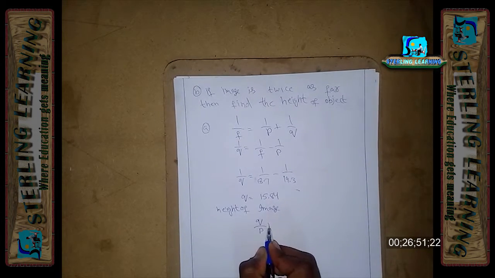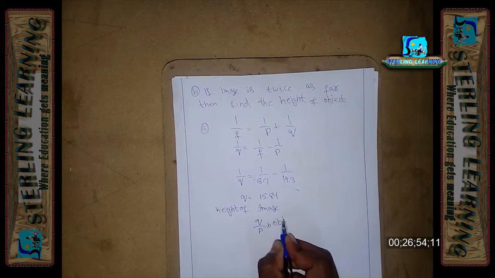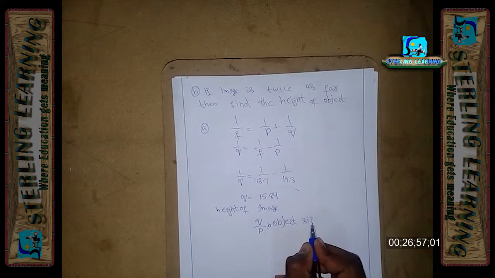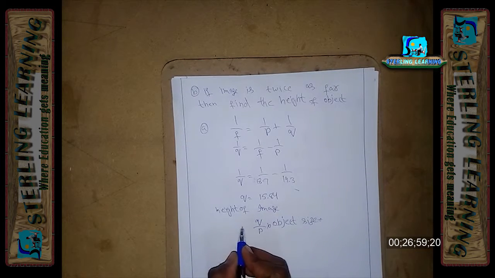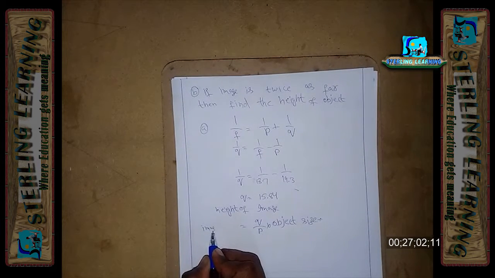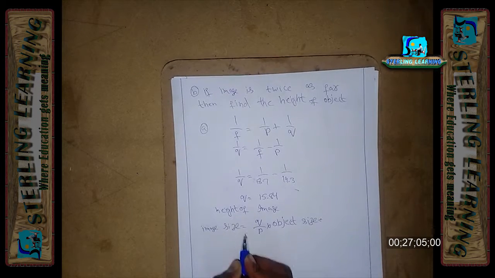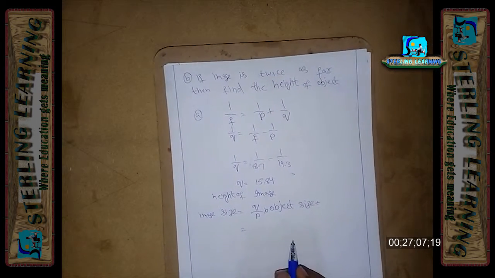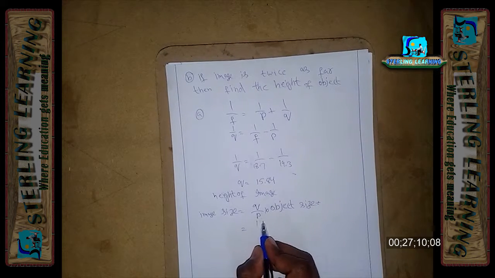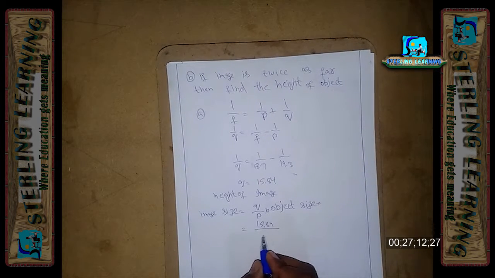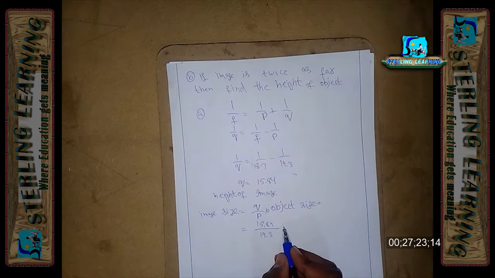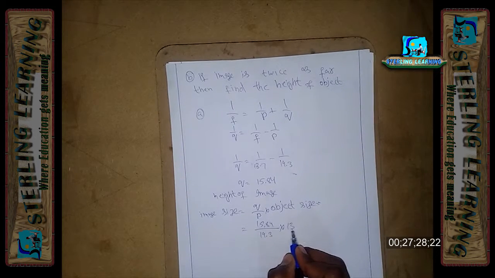Now for height of image, image size is q over p into object size, as given in the formulas in the start. 15.84 over p, p is 19.3, times 13.2.